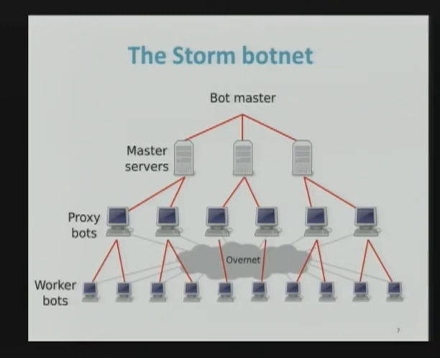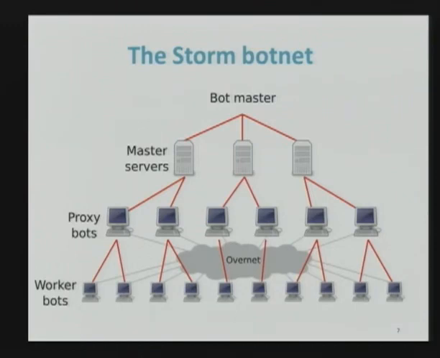But then there's also this second layer of proxy bots, where they receive the same malware executable, they are part of the same botnet, but instead of sending any spam or any DDoS attacks, all that they're in charge of is ferrying commands from a worker bot up to the master server and back again.